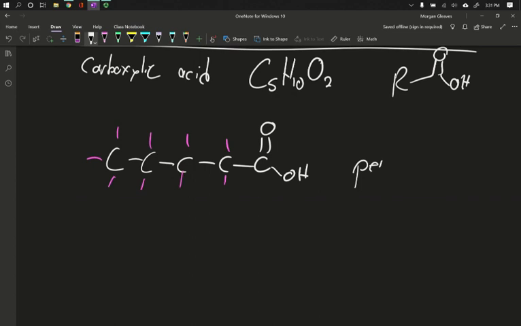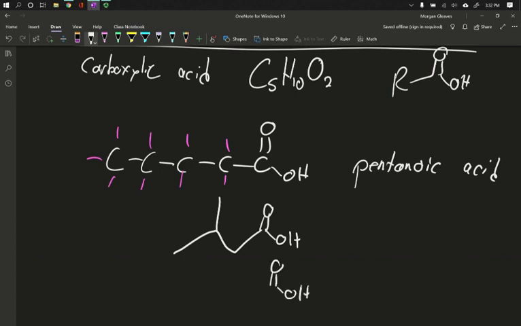This would be a pentanoic acid. And it has to be at carbon 1 because it's always on the end of the chain, which means we can just adjust the chain. So 2, 3, 4, let's put a methyl here. Or we could say, hey, I've got my carboxylic acid, 2, 3.